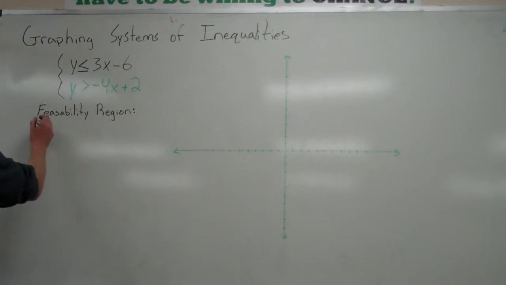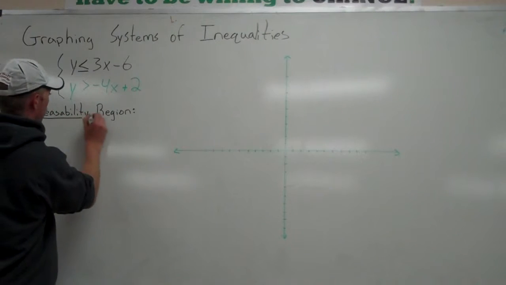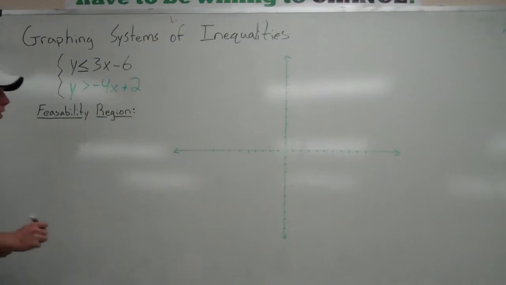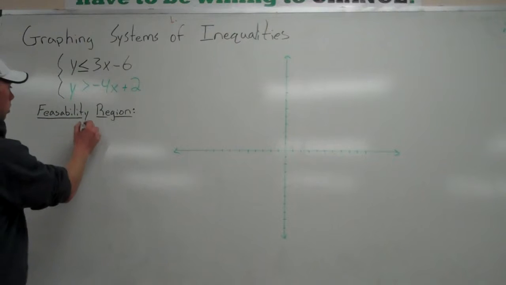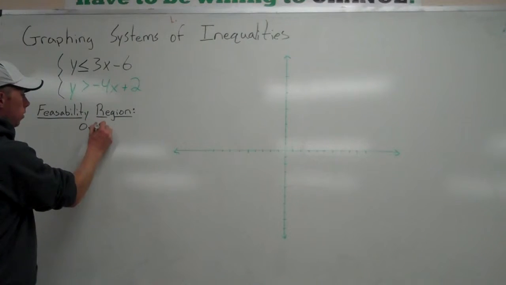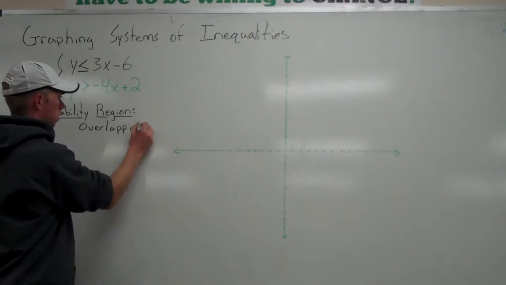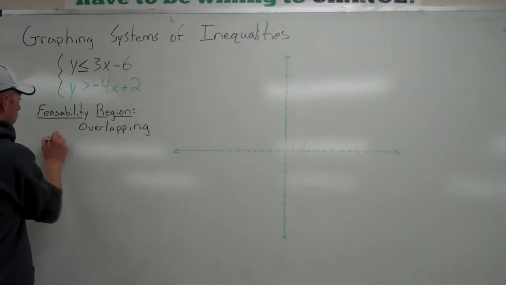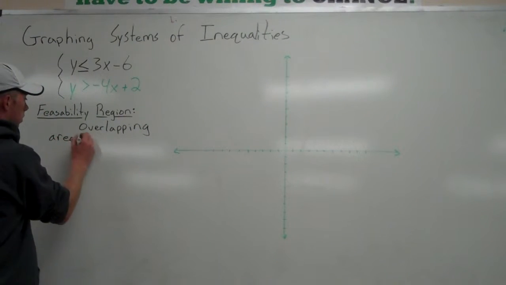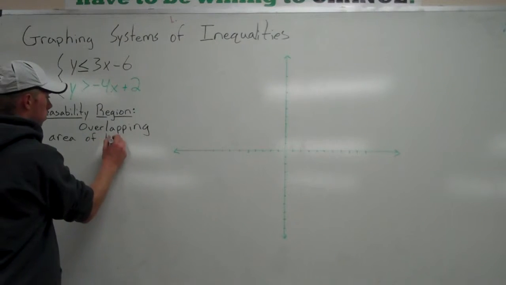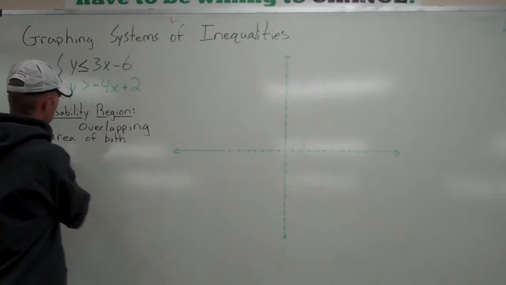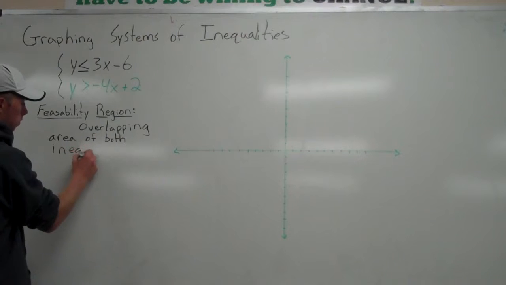The feasibility region is the overlapping area of your answers of both inequalities.